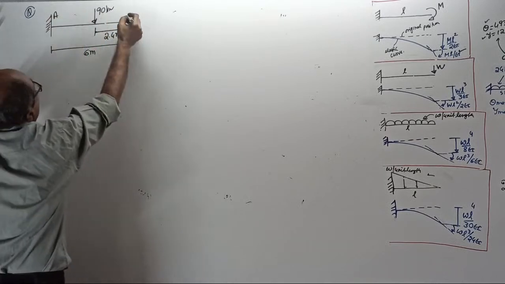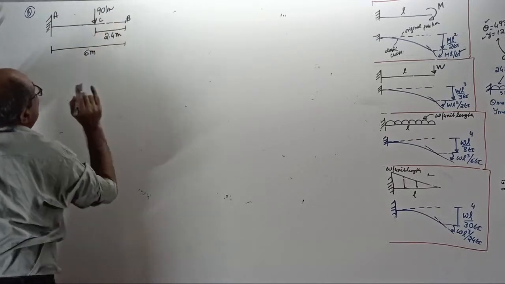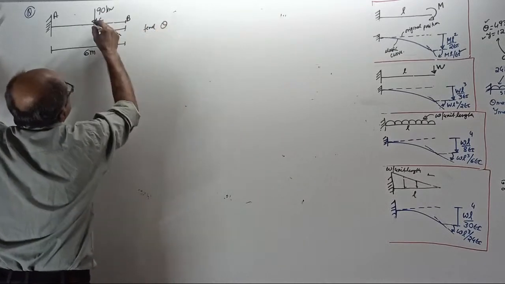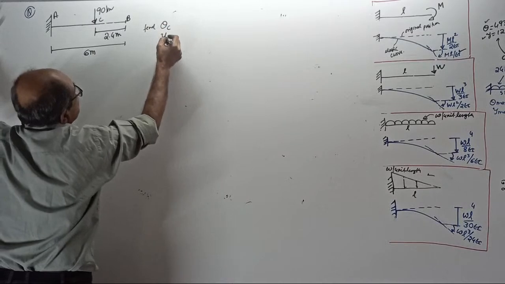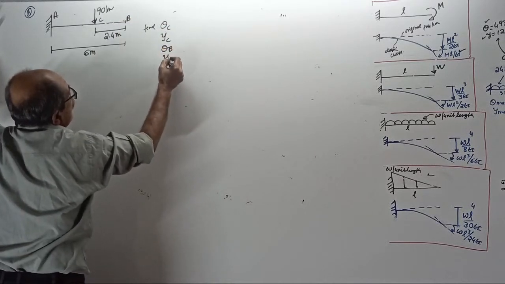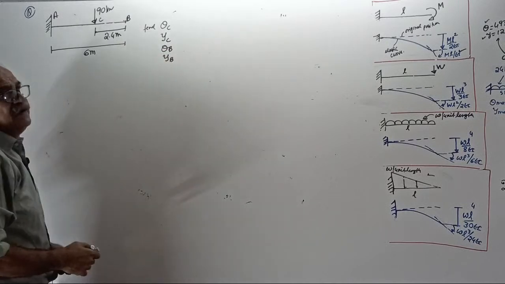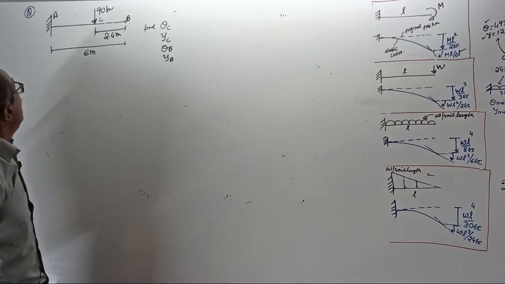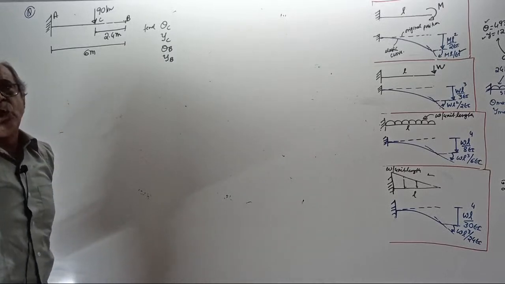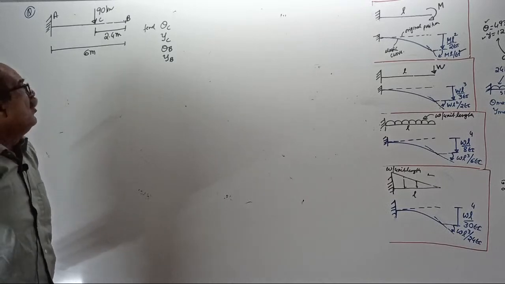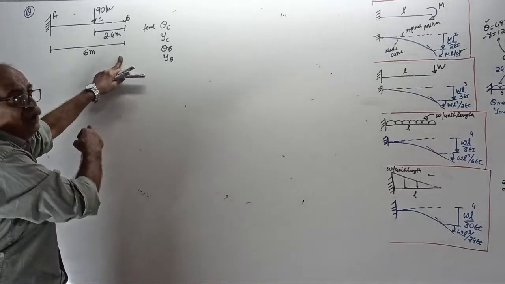This is A, this is B, this is C. Find slope at C, deflection at C, slope at B and deflection at B. In other words, a cantilever beam of length 6 meter loaded by a point load of 90 kilonewton at 2.4 meter from the free end. Find slope and deflection under the load and also at the free end. I will work out this question.